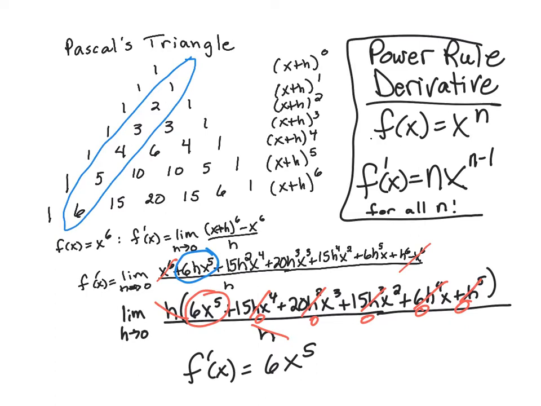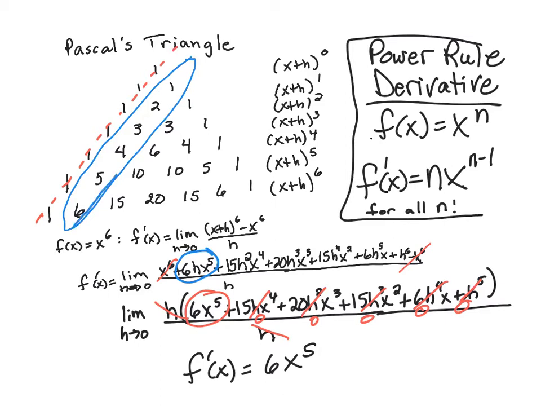Also notice that the first term was just plain old x to whatever power you started with. Now we said that in the difference quotient the same thing happens every time. The thing that didn't have an h in it always gets subtracted away. So that column right there is going to be subtracted off.